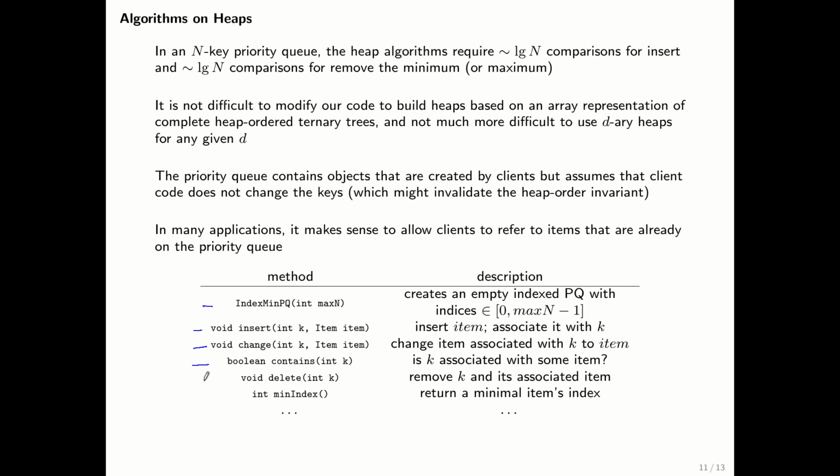And then you can delete k and the associated item using this delete method. And then you can get the index of the minimum item using this method, min index, and so on. So this is a variant of the min-pq data structure that allows clients to refer to items that are already on the priority queue.